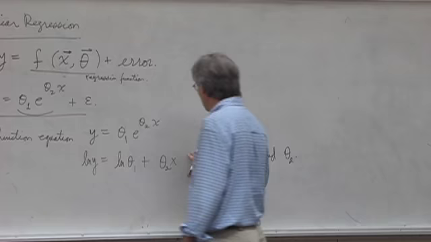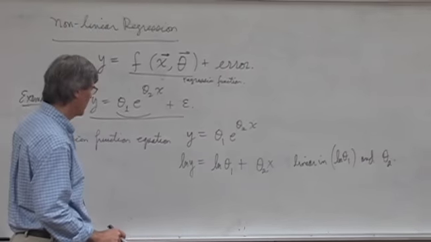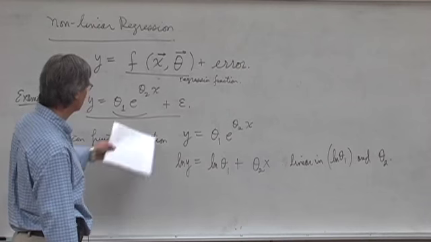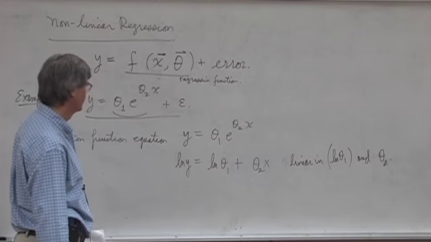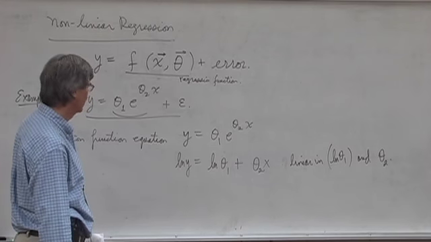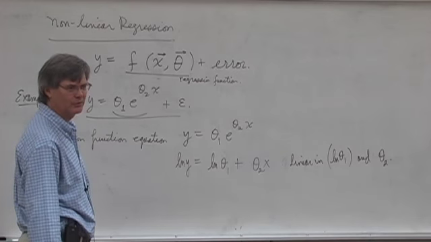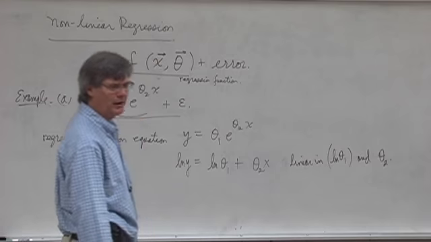So therefore, we talked about making a transformation to linearize the equation. You can do that. On the other hand, if I go back and consider what happened to the epsilon, I find that I can't take the log of a sum like that, so I don't get plus epsilon. So what happened to the error?